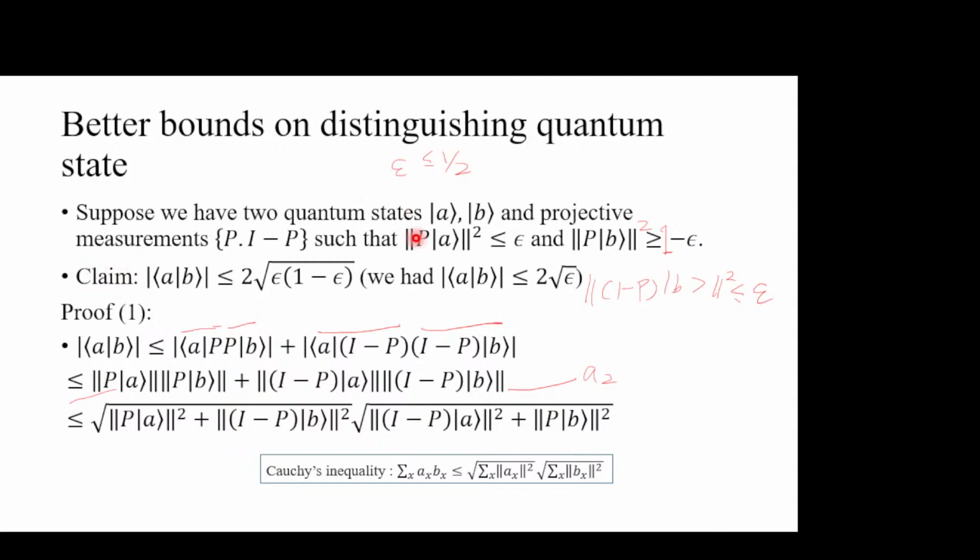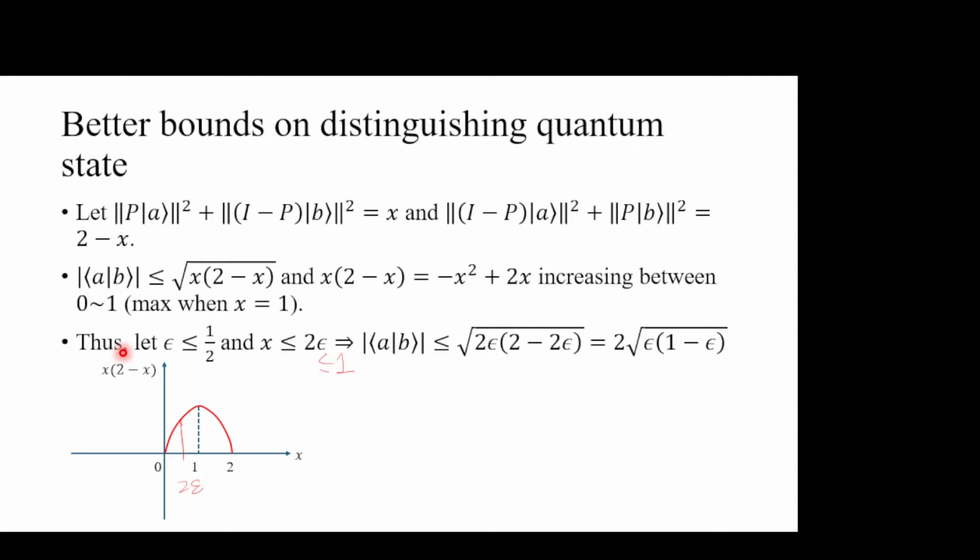And so epsilon is less than or equal to 1 over 2, and so your x is less than 2 epsilon, which is less than or equal to 1. Then this is an increasing function, and you know your x is less than 2 epsilon, so your x is somewhere here.